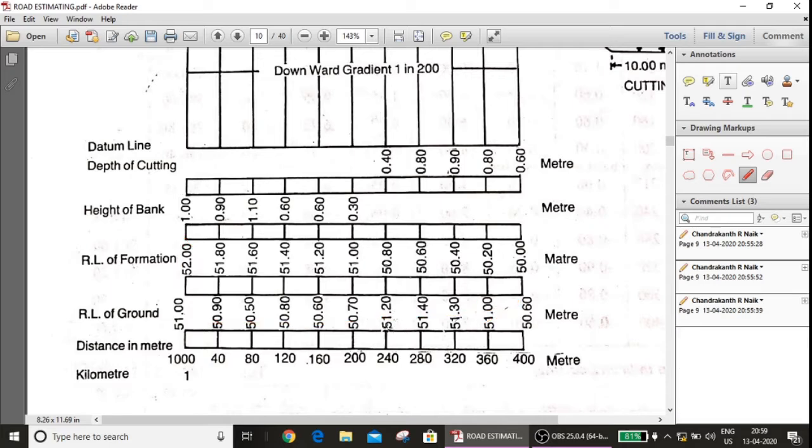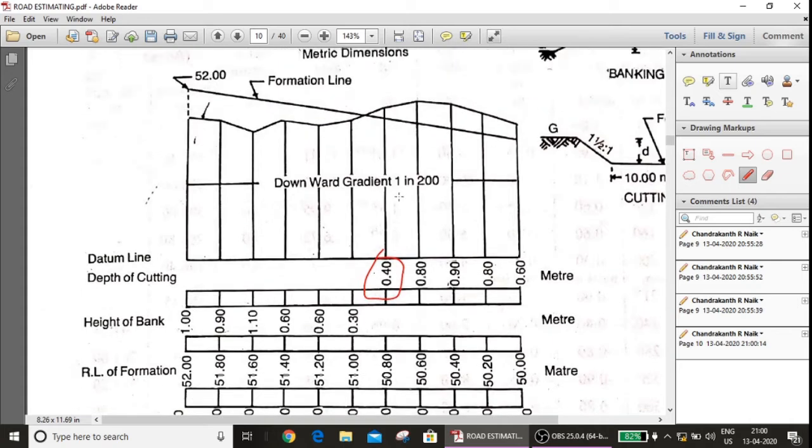Here you see, 50.80 minus 51.20, or 51.20 minus 50.80, we will get 0.40. RL of the ground minus RL of the formation, when we get a positive value, we will go for cutting.